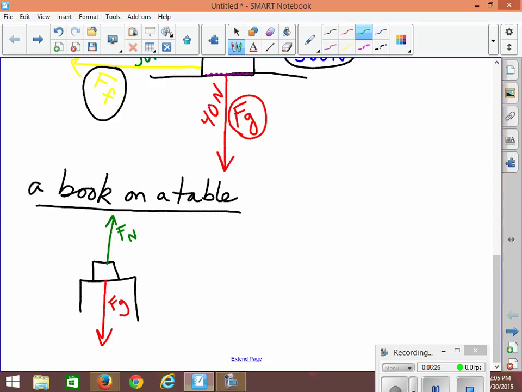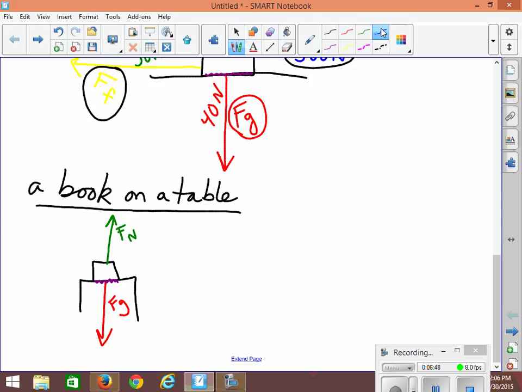Now let's think if there might be anything else. There's the book. It's sitting there. No one's pushing it. No one's pulling it. What about friction? Is there friction between the book and the desk? I mean, there's certainly a surface here, and it's touching, and there's certainly a force pushing them together.